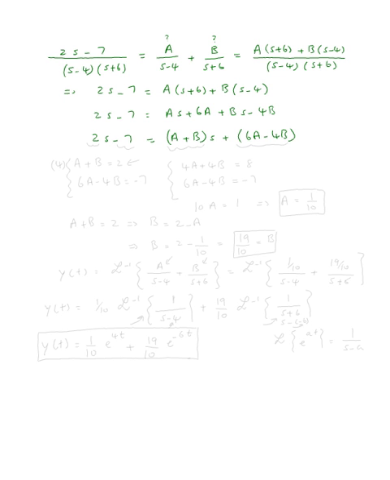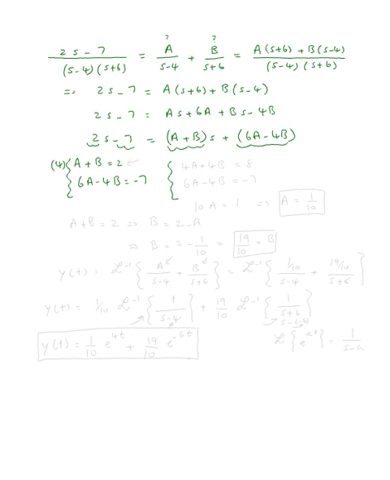Now this means that A plus B is equal to 2, and minus 7 is equal to 6A minus 4B. So 6A minus 4B is equal to negative 7. So we're just solving a system of equations. How do we solve it? To eliminate the B, multiply the top by 4.